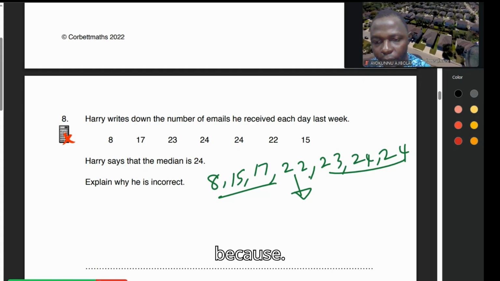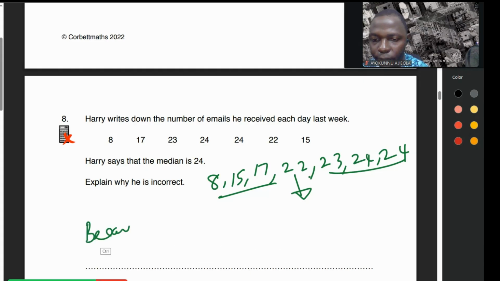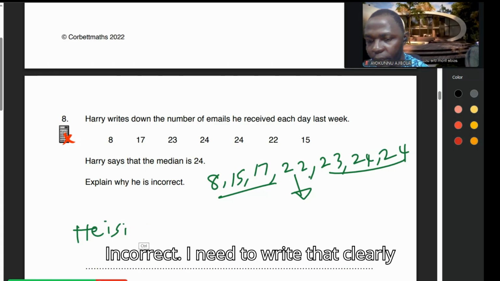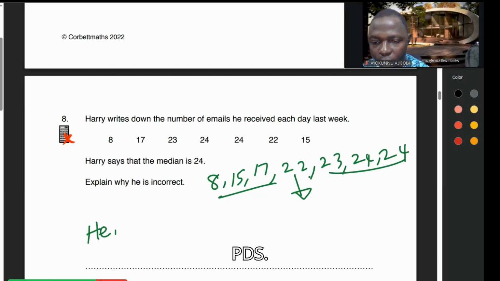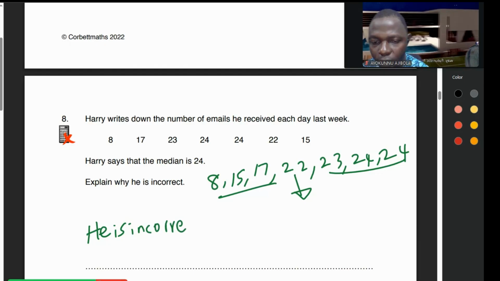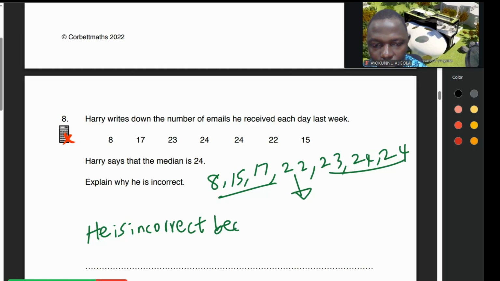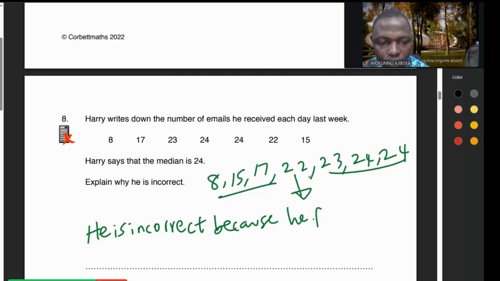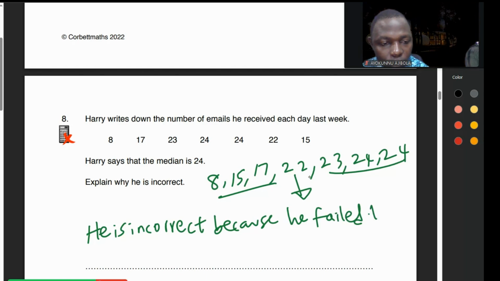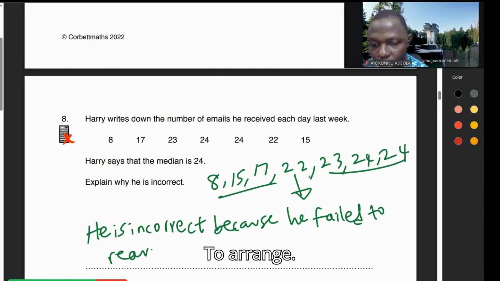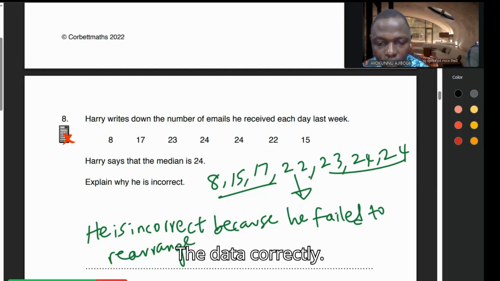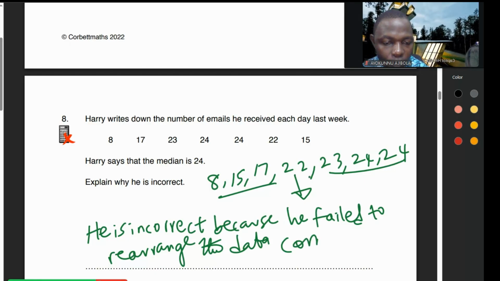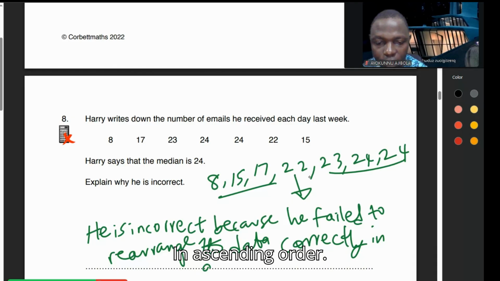He is incorrect because he failed to rearrange the data correctly in ascending order.